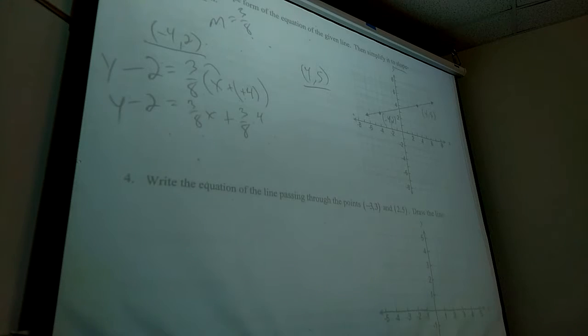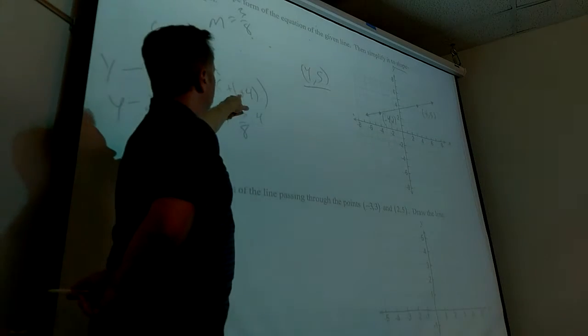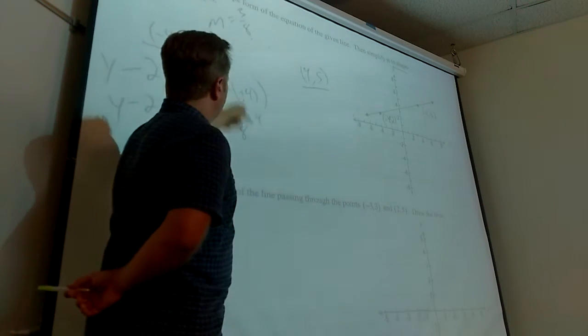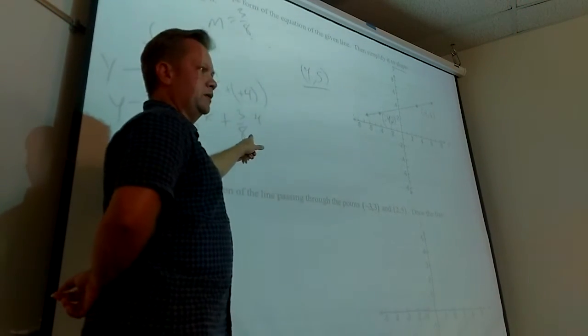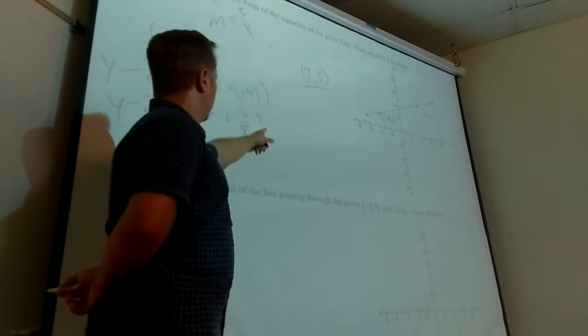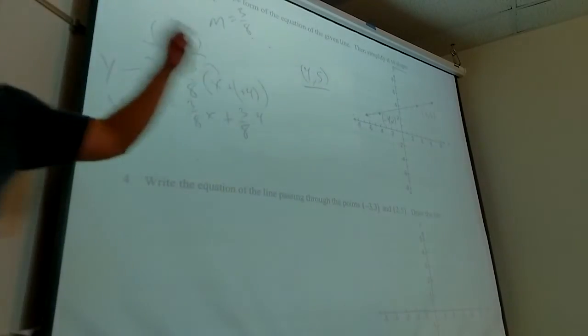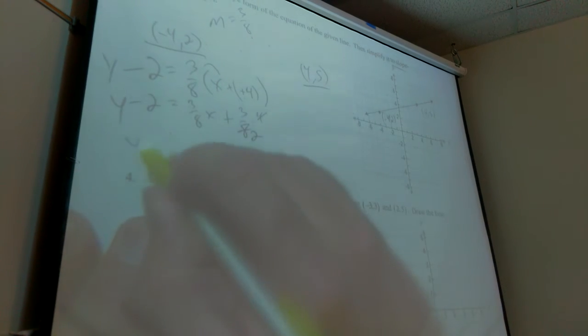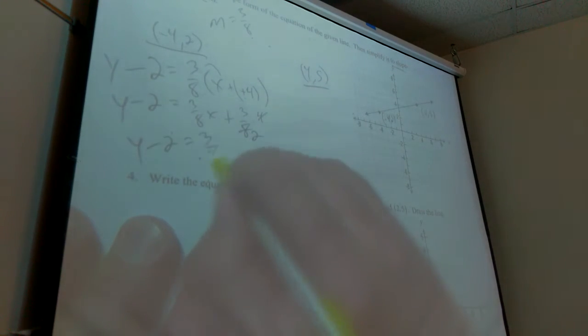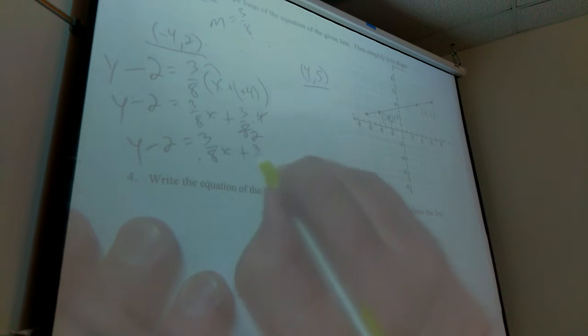So I minus the negative is plus. I distributed the 3/8 through, but I didn't try to do this in my head. I wrote it down for myself. 3/8 times 4. And now I can look at it. What happens with this? 3 halves. Yeah, 4 goes into 8 twice. So you get y minus 2 is 3/8 x plus 3 halves.